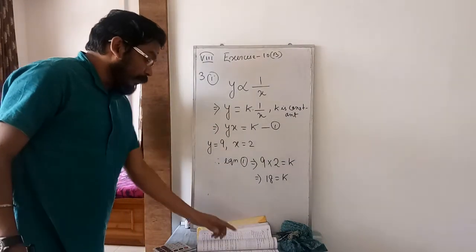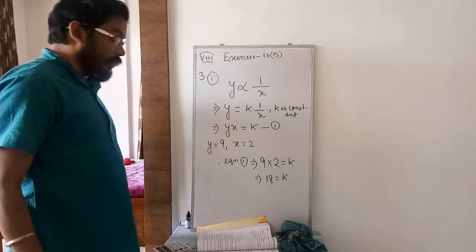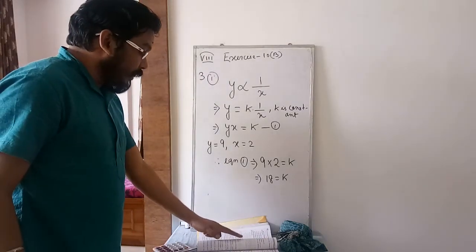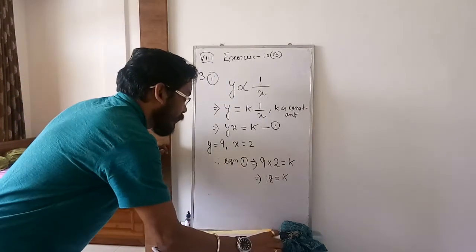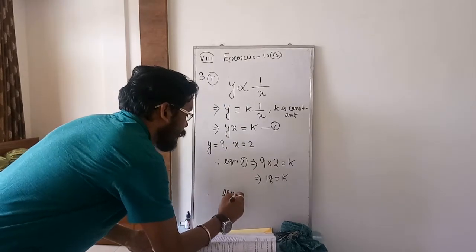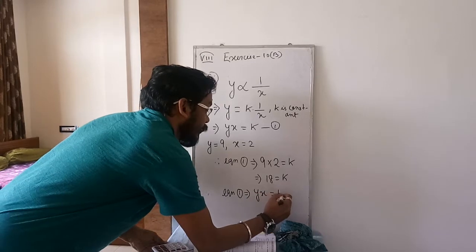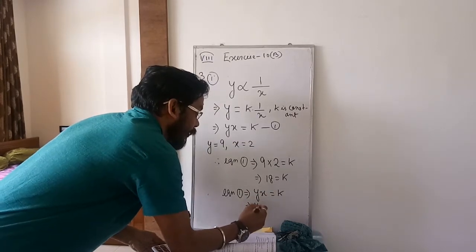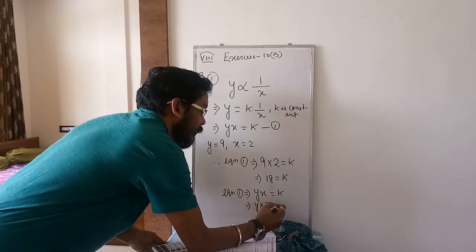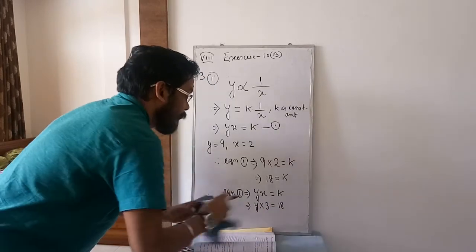So in the second part, we have to find y when x equal to 3. The x value given is 3, and we have to find y. So you will write equation 1 implies, equation 1 was yx equal to k. Your x value given is 3, and the k value you got is 18.